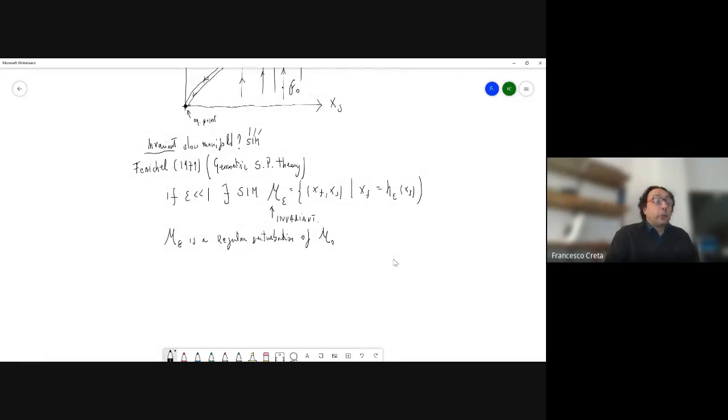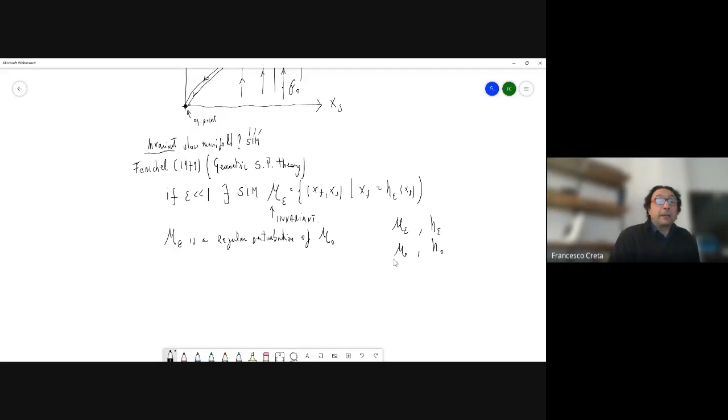What does that mean? Well, a regular perturbation means that m epsilon is really very close to m0. It's actually epsilon close. Remember that m epsilon you can represent with the graph h epsilon, and m0 you can represent with the graph h0.